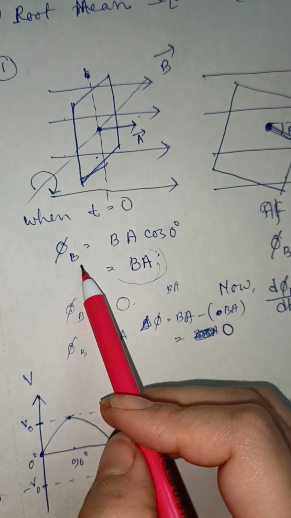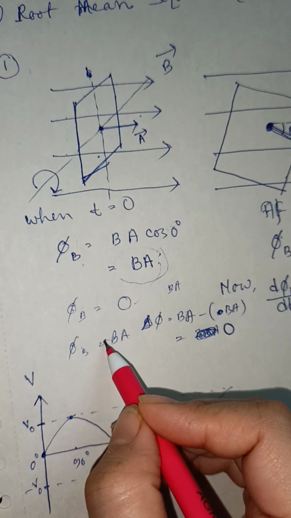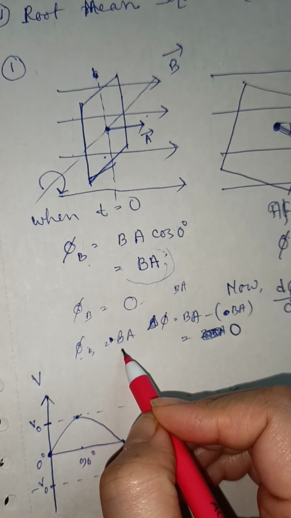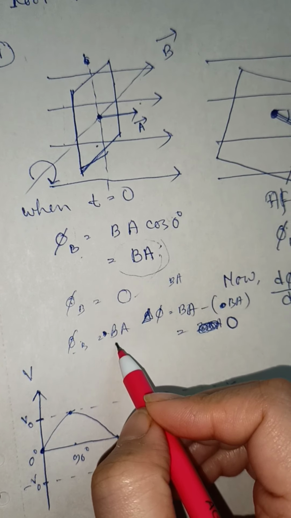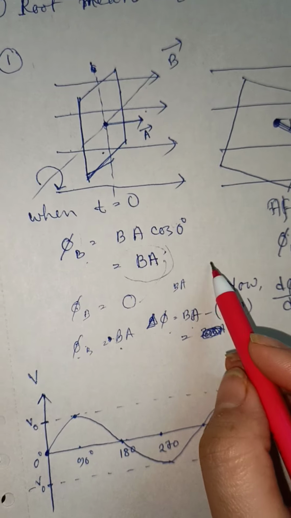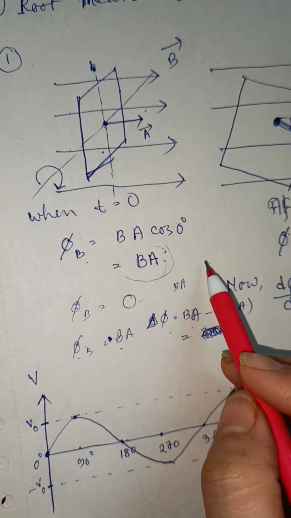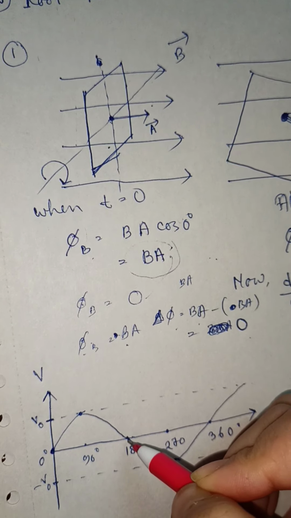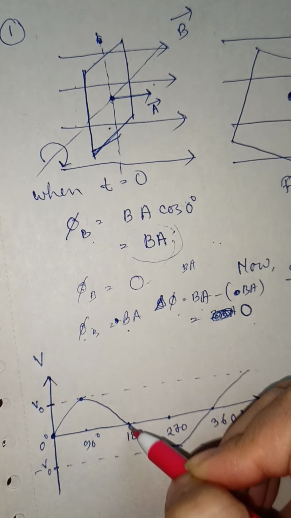Extremely sorry, the flux change delta phi will be 0. Flux is not negative BA; flux equals BA when the angle is 180 degrees. So the change in flux between 0 and 180 degrees is again 0, which means at 180 degrees the induced voltage is again 0.